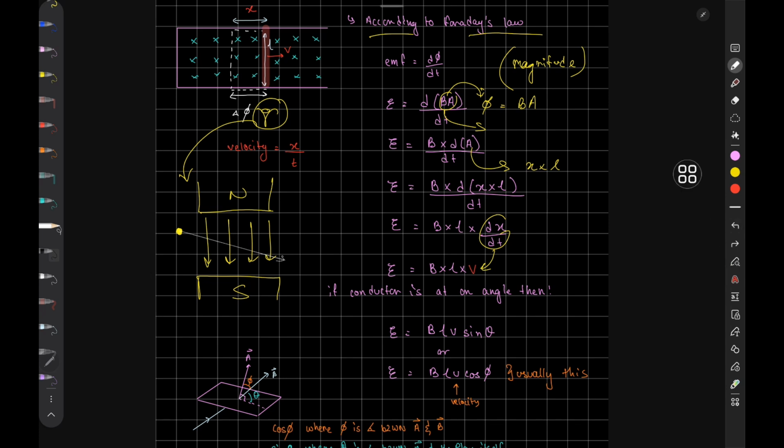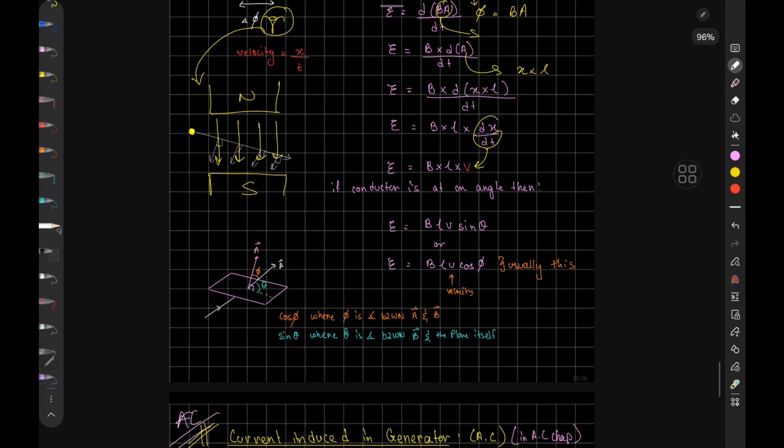So the flux change in that case, I have to figure it out differently using the cos theta component. This is the cos theta component. Okay, and that cos theta component is the ultimate flux change. Hence we say it is going to be BLV sine theta or BLV cos theta. Usually it's going to be the cos theta component or cos phi.